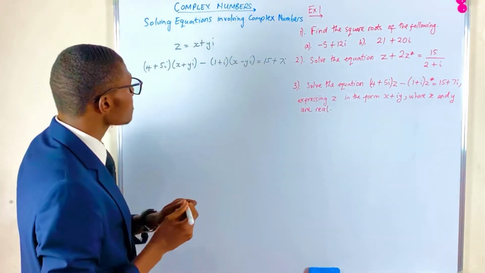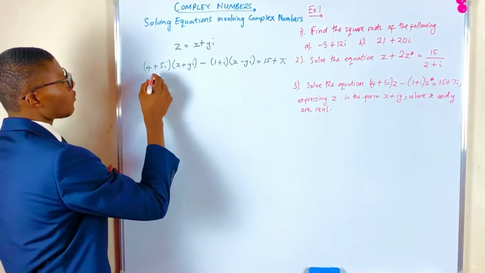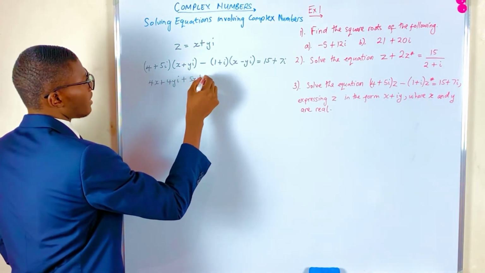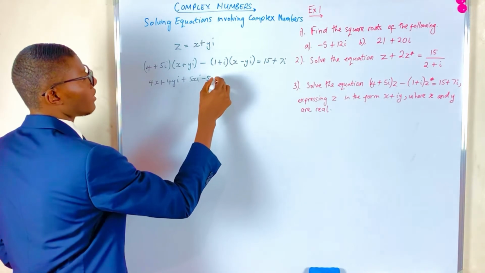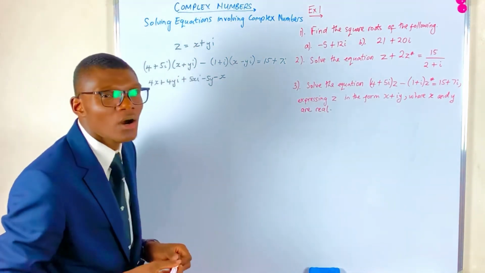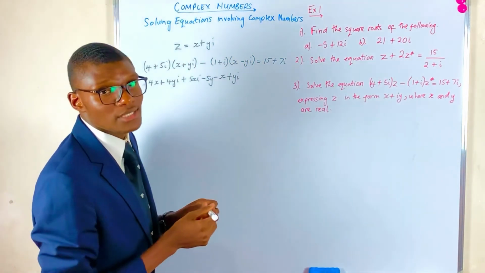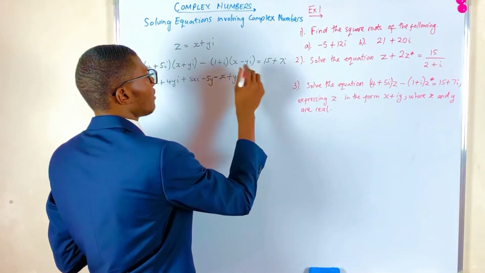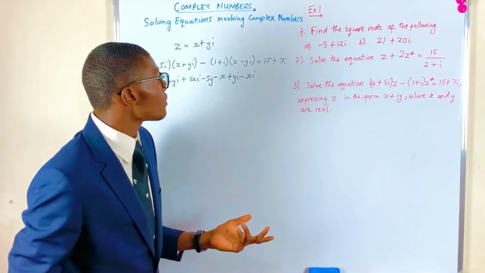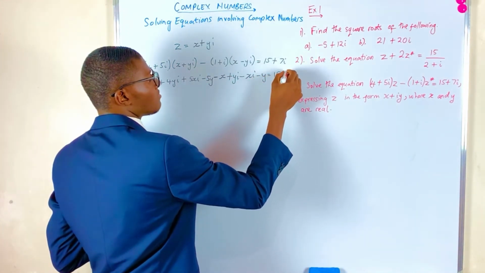Now we shall expand this and that. So we're saying 4x plus 4yi plus 5xi minus 5y, and then minus x, this minus yi minus yi gives us a plus yi, then minus xi, and then i times minus yi gives minus yi squared, which is y, and with the minus there, minus y, to give us 15 plus 7i.